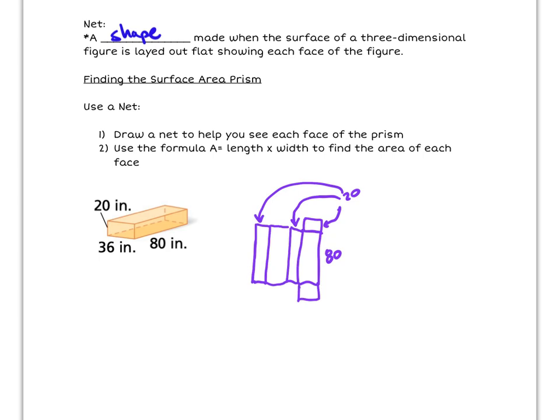So this side, this side, this side, this side, and this side, those are all 80. And then one last size here is this 36. That's this one here, so it would be this side, but also this side here. And again, that 20 is down here as well, because this shape and this shape are all the same.